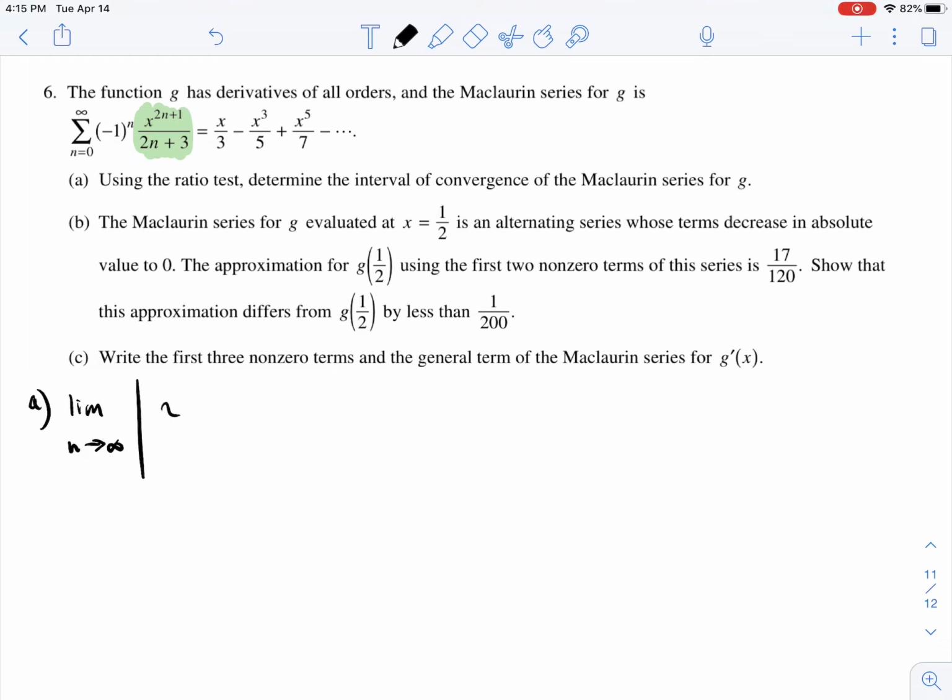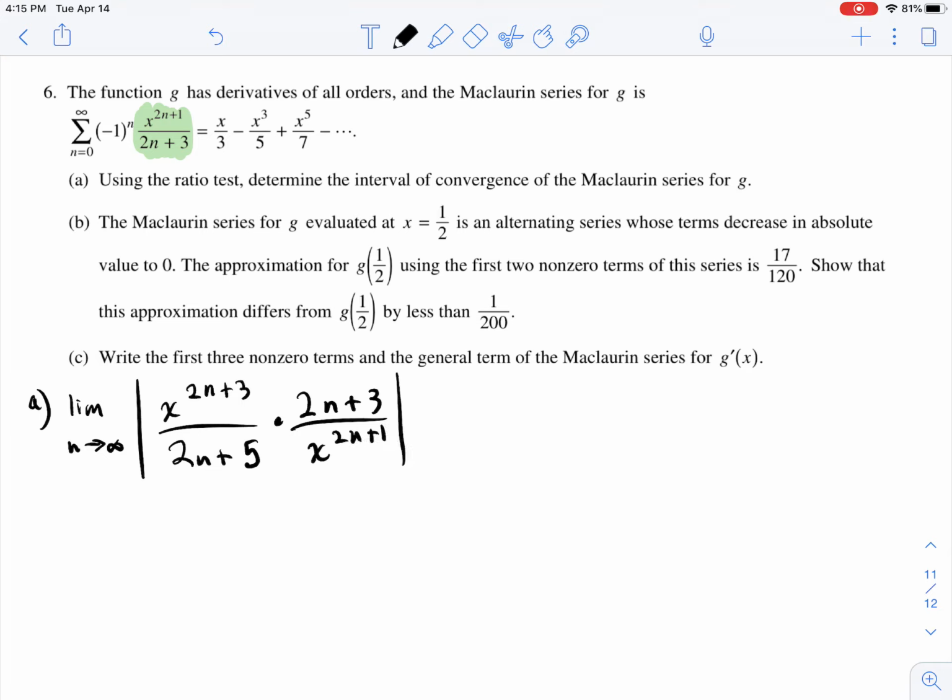So we can just go ahead and do x to the, now if I'm plugging in n plus 1 for every n, this should give me x to the 2n plus 3. And again, if I'm replacing all my n's with n plus 1 and distribute, that should give us 2n plus 5. That's our a sub n plus 1 term. Divide that by a sub n, which just means multiply by the reciprocal. So 2n plus 3 over x to the 2n plus 1.